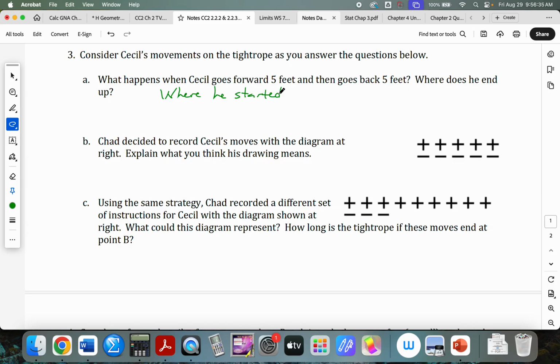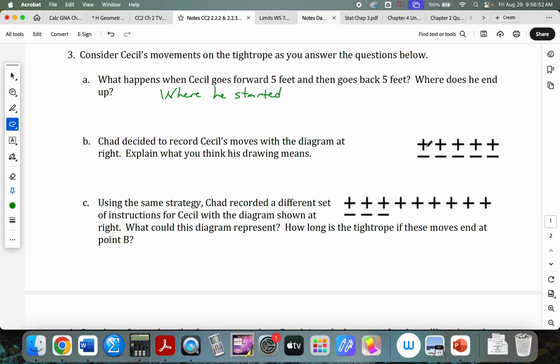So Chad decided to record Cecil's moves with the diagram at right. Explain what you think his drawing means. Yes, ma'am. He went from adding steps and then going back steps.